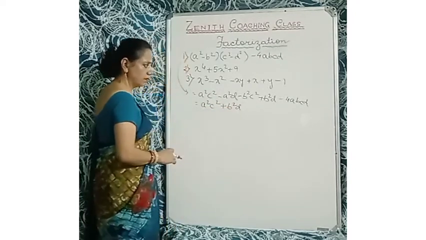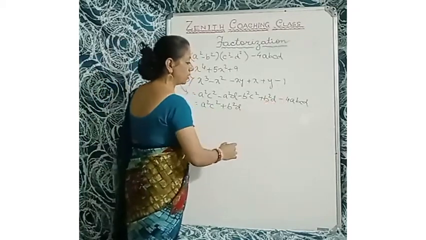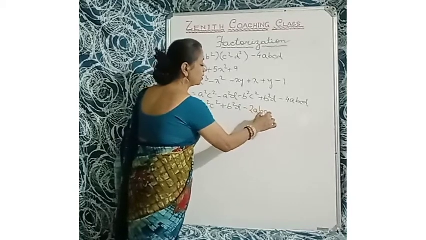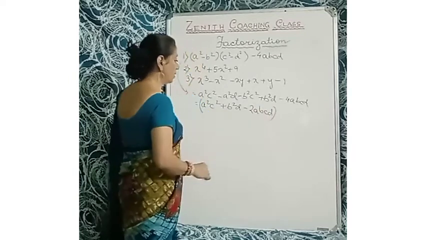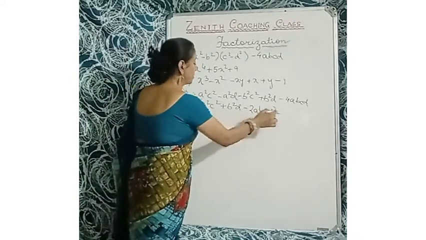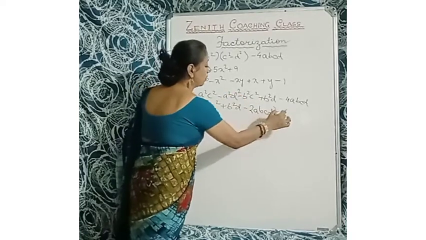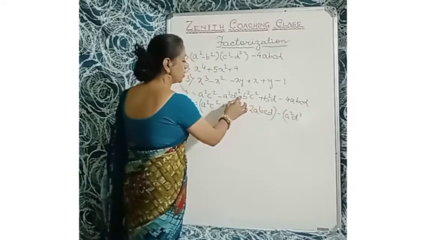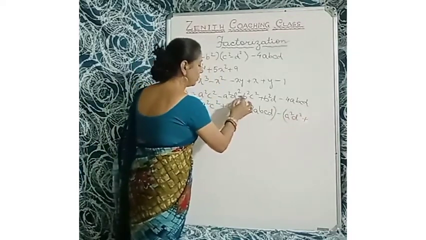Why do I write it? Just look at the question. It is minus 4abcd. You will write minus 2abcd and put it in the bracket. Now take minus here because of minus a square d square. So a square d square, it is minus, so you will write it plus, because the sign will be the same.